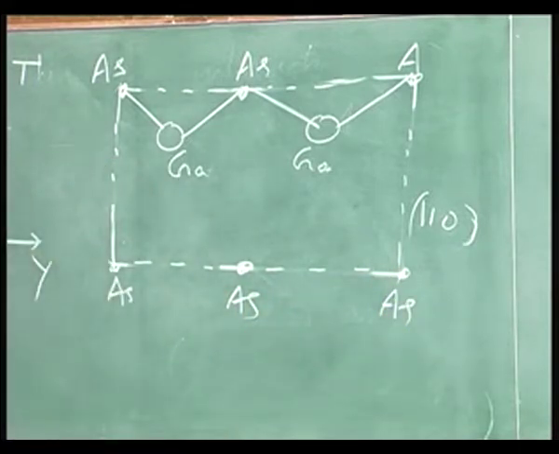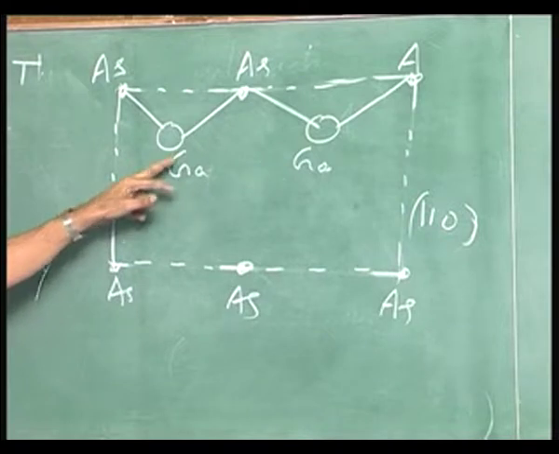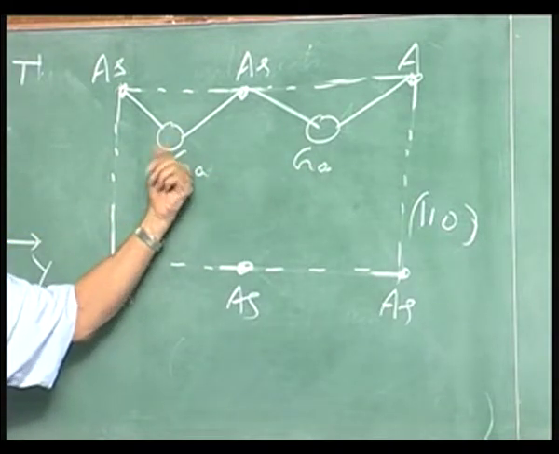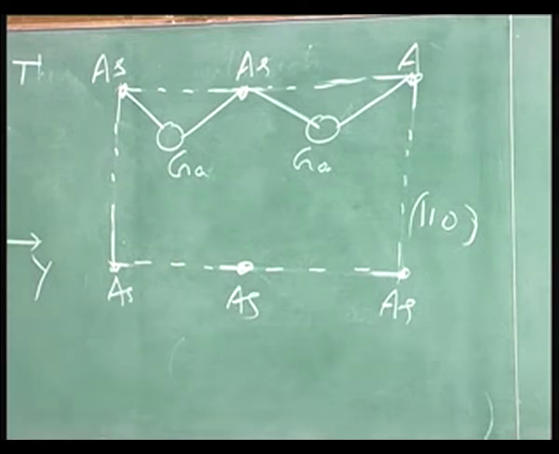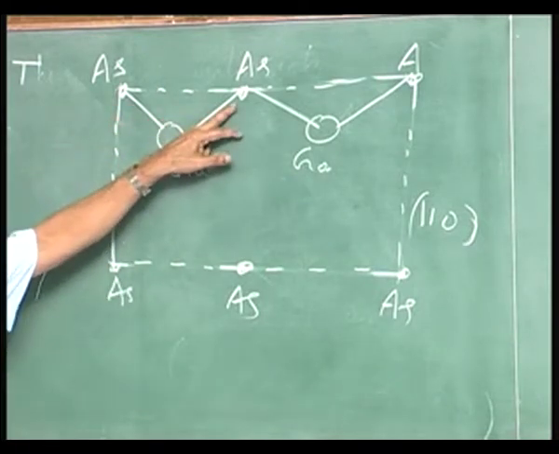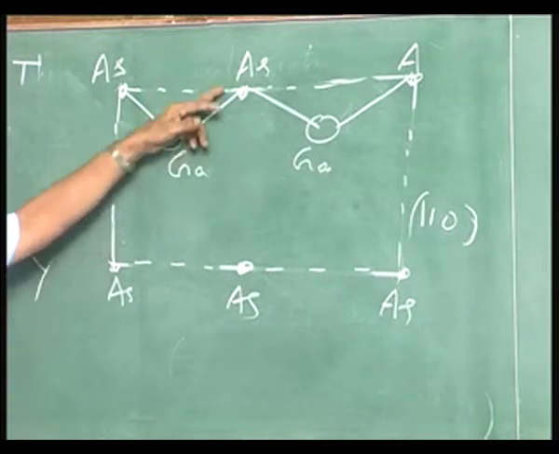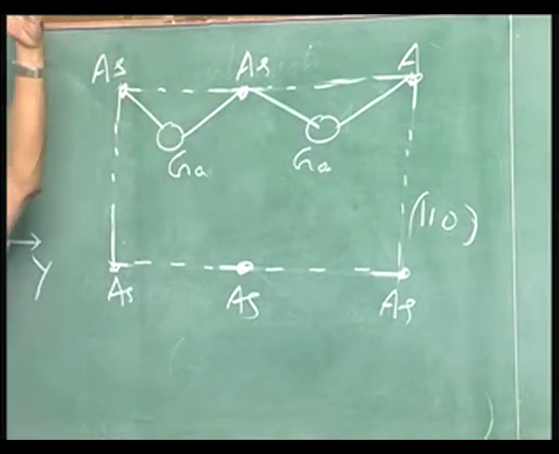Okay. So, you can see this particular structure has got certain peculiarities. The gallium atoms are there on the plane, and this gallium atom belongs entirely to the plane. This arsenic atom belongs to this plane. It is also shared by the plane which is continuing on the top.